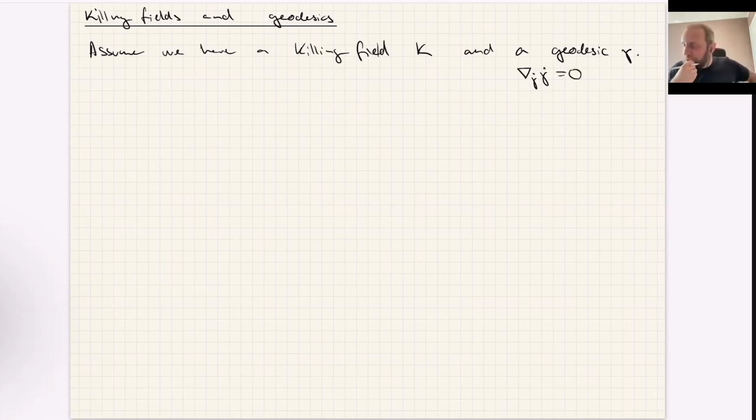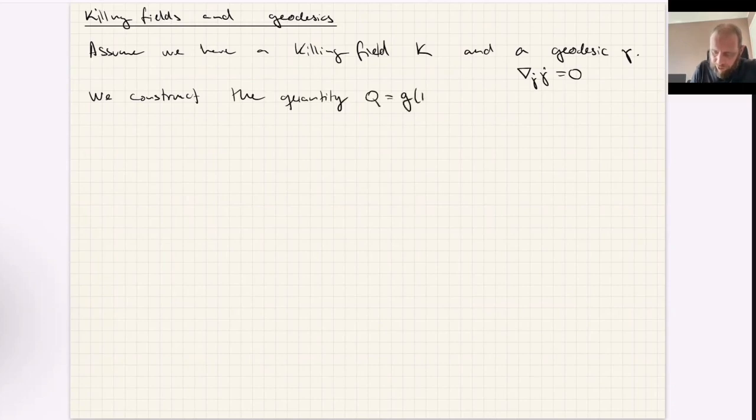That's the geodesic equation. So then I can construct the following quantity Q, and that's the inner product between the Killing field and the geodesic tangent. And as you can imagine, this will turn out to be the conserved quantity.